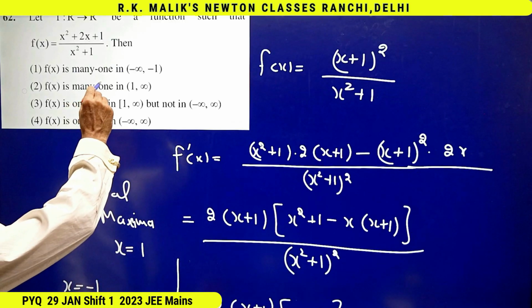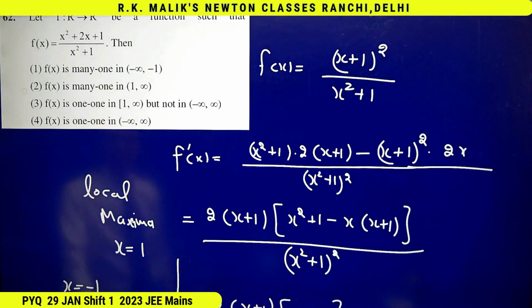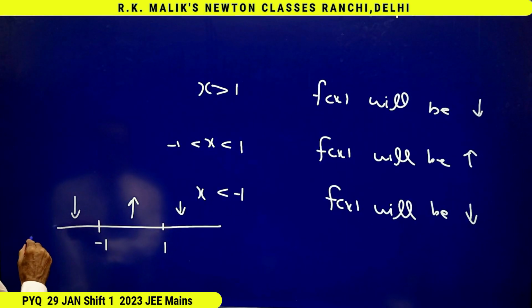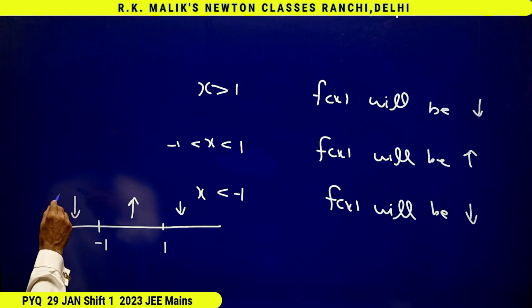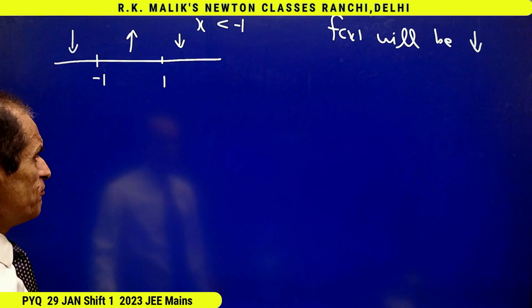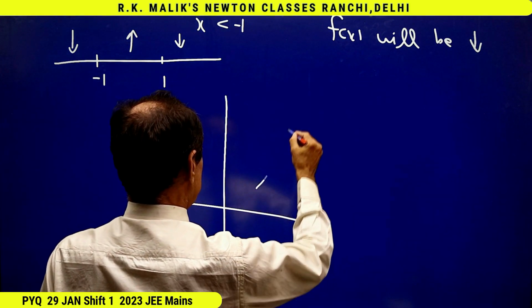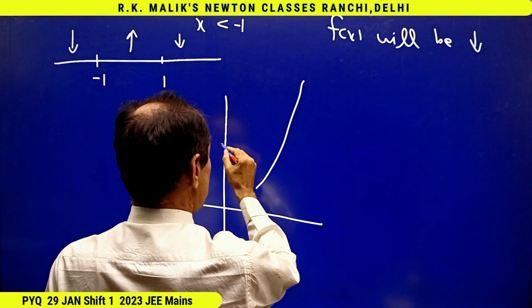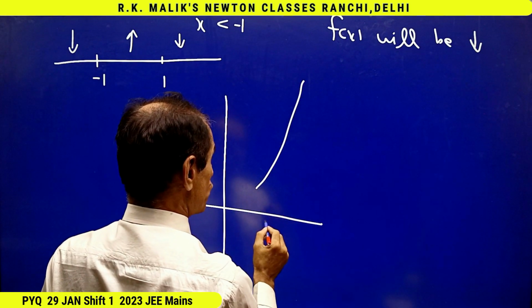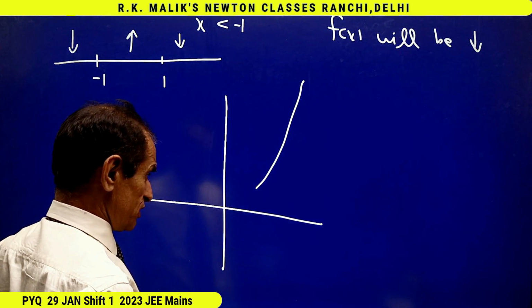And in first choice, he is discussing about the interval minus infinity to minus 1. In the interval minus infinity to minus 1, because the function is decreasing, and the function which is always increasing or always decreasing is sure to be one-one, because the function which is always increasing, that is sure to be one-one. If you know the meaning of the word one-one, this is not difficult to see.